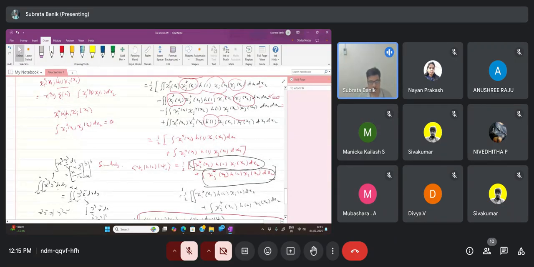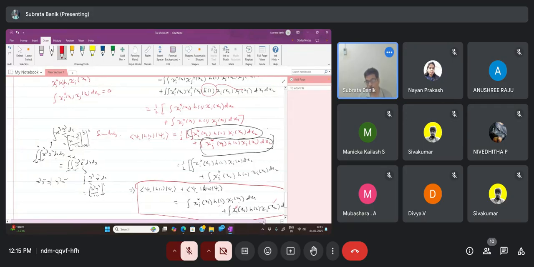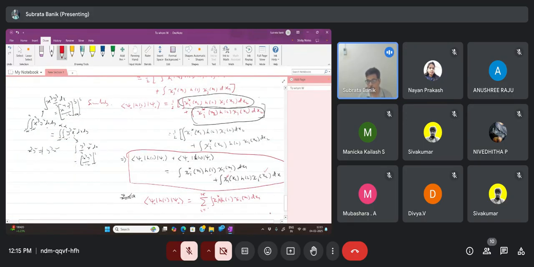We get only one term from H1, which is the integration of chi i star x1 h1 chi i of x1. And then we go for the one-electron part of the second electron, that is H2. We also got a similar expression, that is chi i star x2 h2 chi i of x2, right? dx2. So dx1, this will be dx2, right?